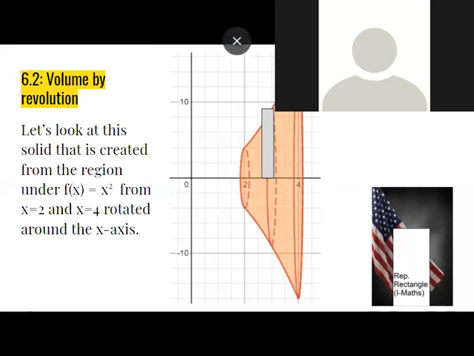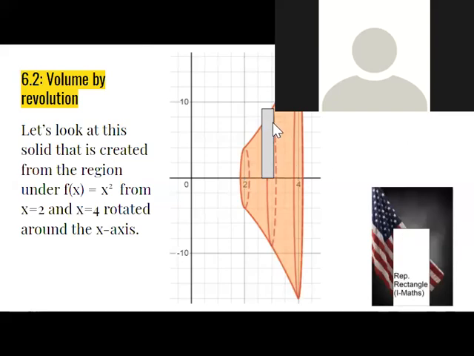The thing is just coming up with the radius, and that's what the representative rectangle is really helpful for. The height of the representative rectangle is the radius. The width is the variable you put at the end, the dx.